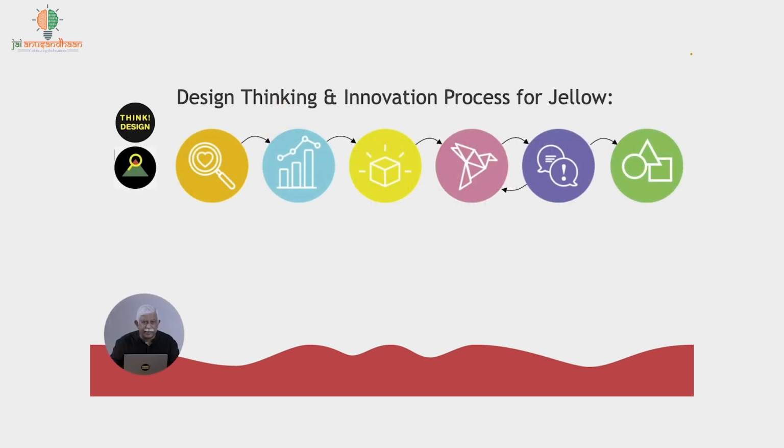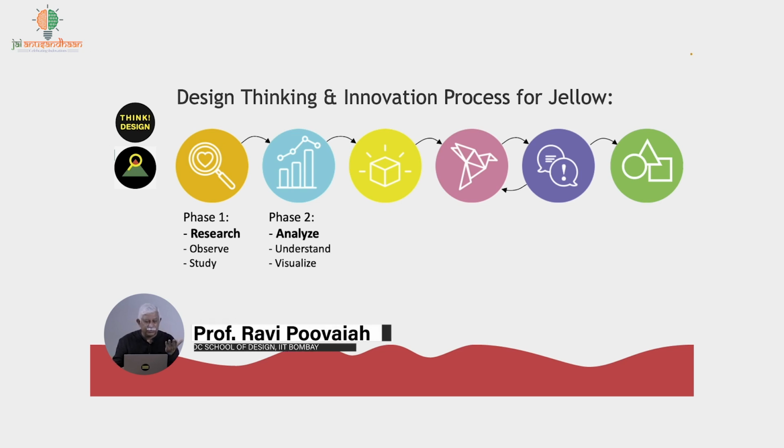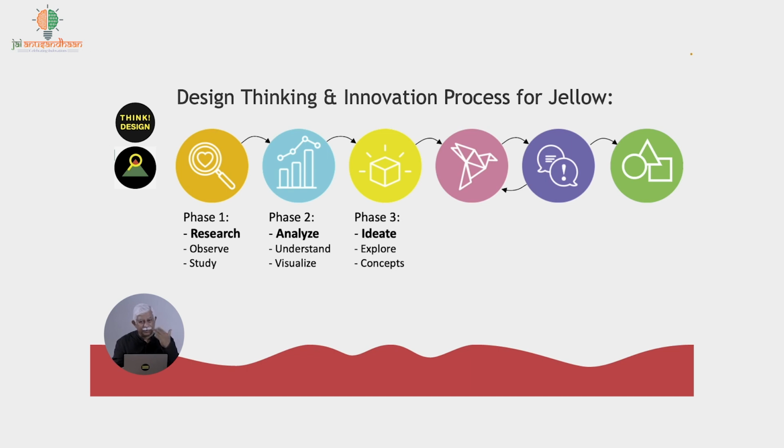We followed the design thinking and innovation process for Jellow. It started with research, that means we did observation and studies, followed by analysis, where we try to understand what the issues are. We try to visualize these issues. We came to ideation, we explored new concepts, and this was across a period of time.